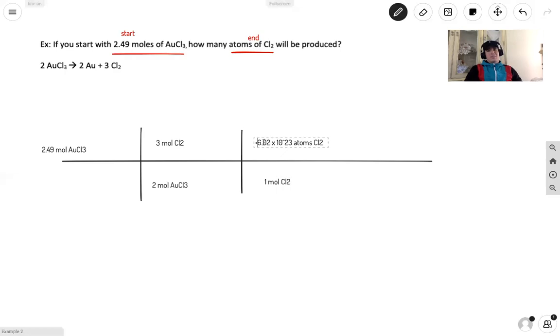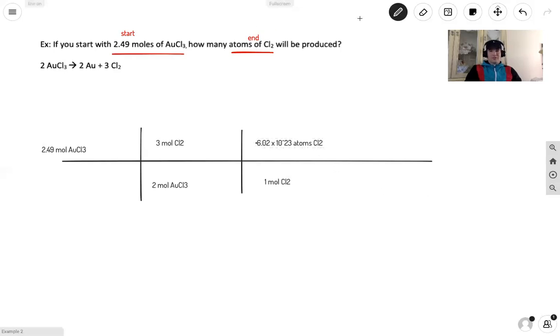Remember, 1 mole has 6.02 times 10 to the 23rd stuff in it. So if you have 1 mole of puppies, you have 6.02 times 10 to the 23rd puppies in that room. If I have 1 mole of dichlorine, I have 6.02 times 10 to the 23rd atoms of dichlorine. So whenever I see atoms, I'm always going to use Avogadro's number. Or if you see molecules, you're going to use Avogadro's number.